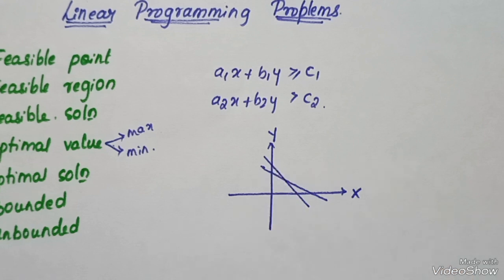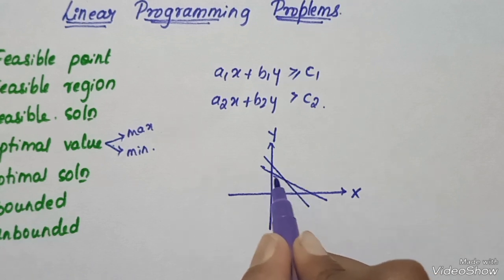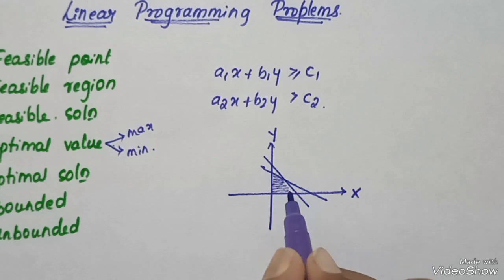When two equations are given, there is a common region between the two lines, and that common region is called the feasible region.